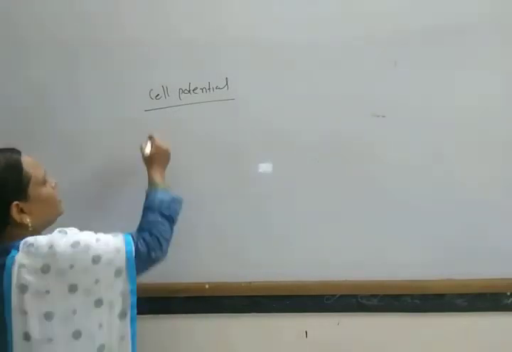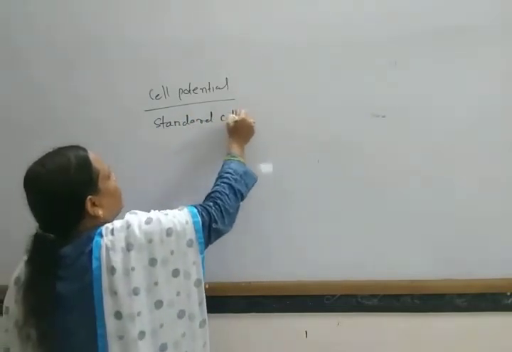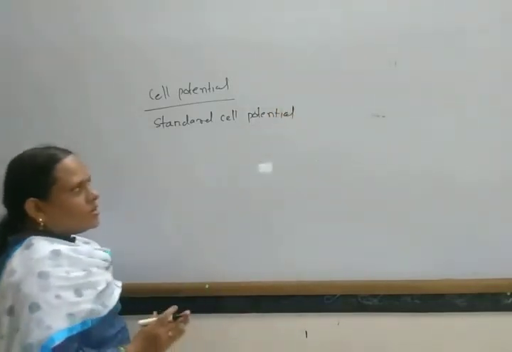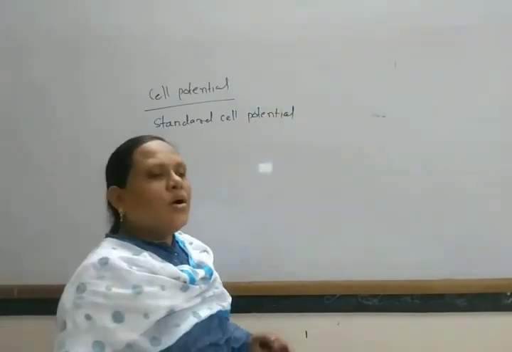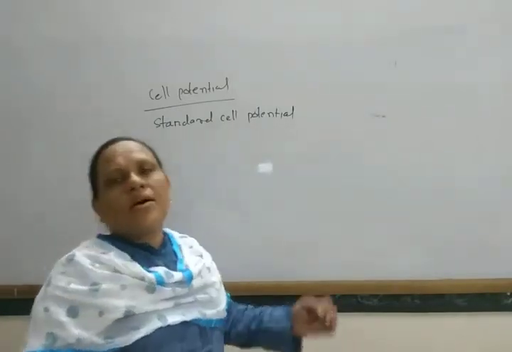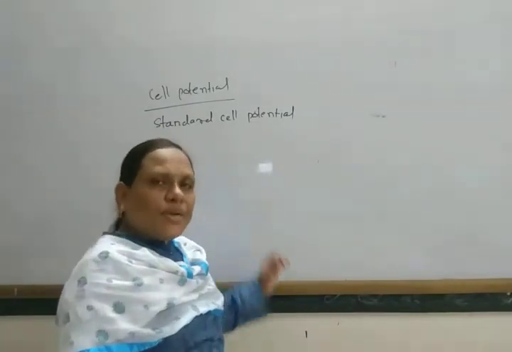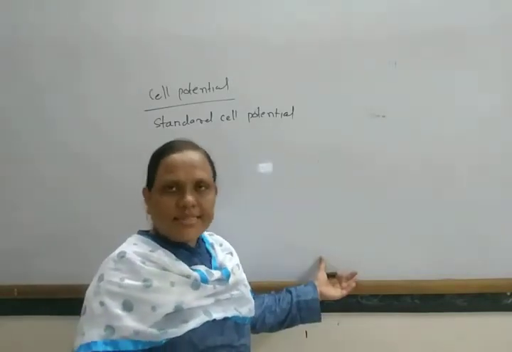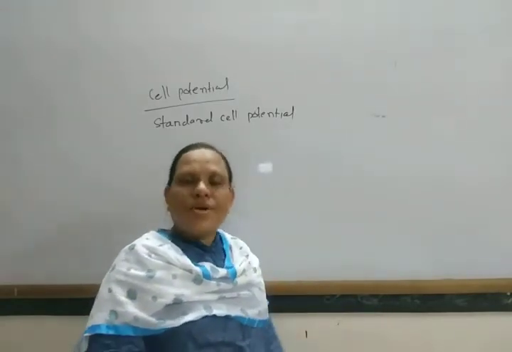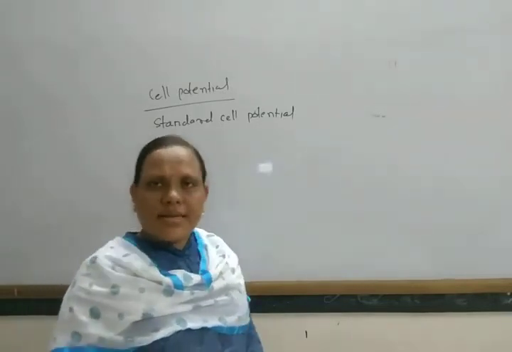Suppose we want to find the standard cell potential. This is the potential difference between two half cells in terms of either oxidation potential or reduction potential. But by the conventional method, generally reduction potential is used.